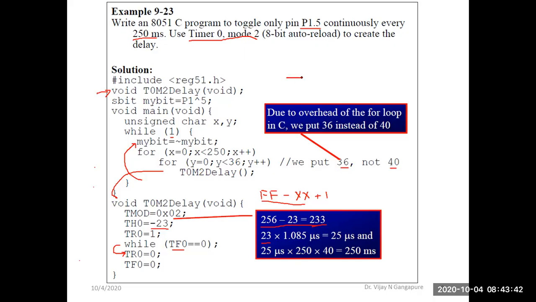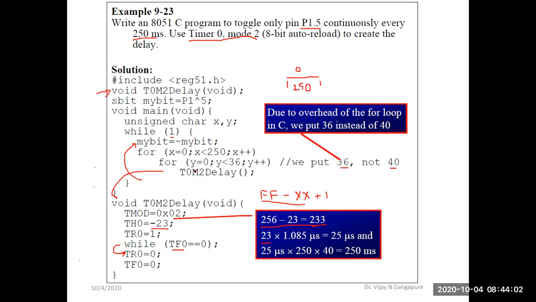Initially, if my bit is 0, it will remain 0 for 250 milliseconds, and then it will become 1.